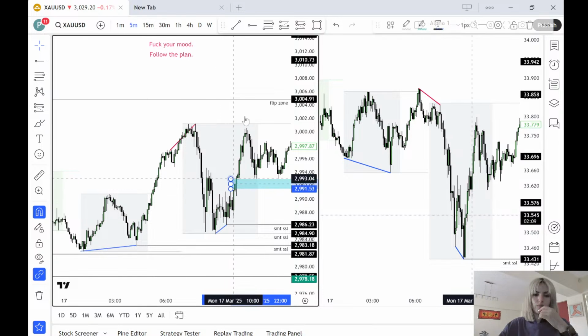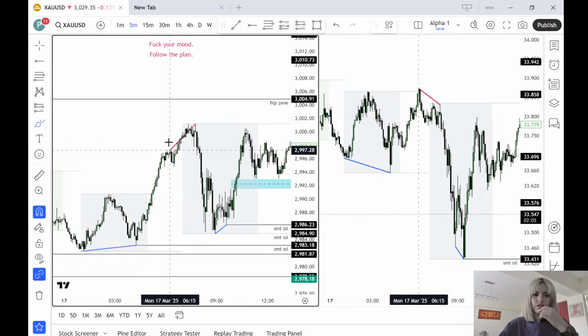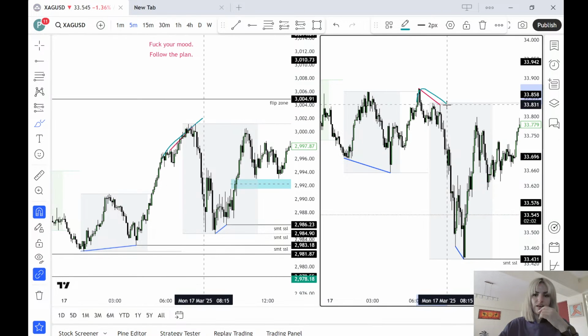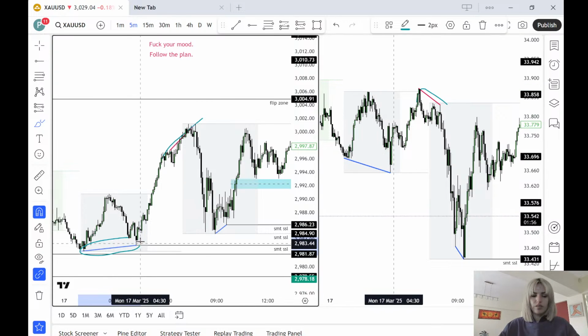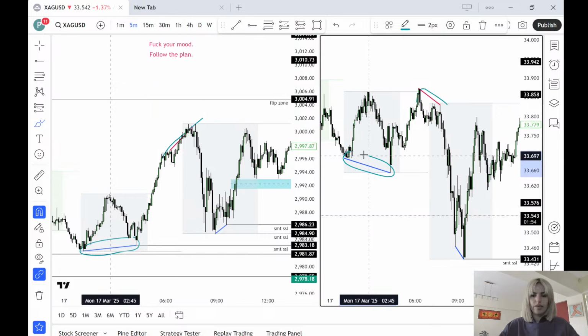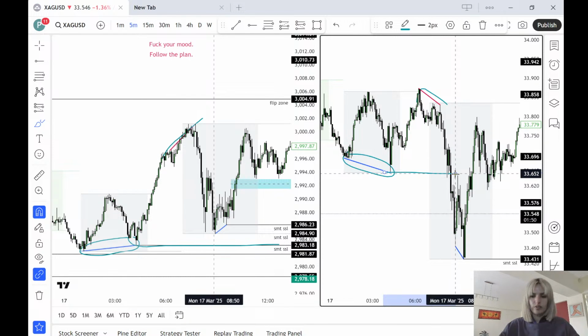And what I usually apply is, for example in here, we had that SMT divergence at the highs indicating a possible push to the downside coming, and we had this other SMT divergence here at those lows. So now I know that this is sell side liquidity, and this in here on silver is also sell side liquidity.